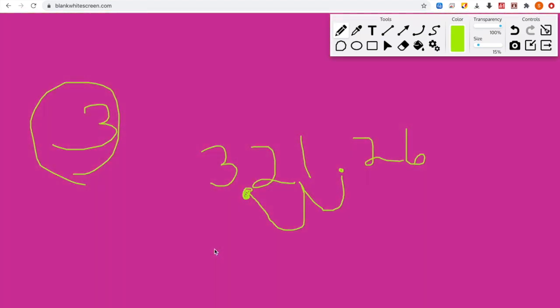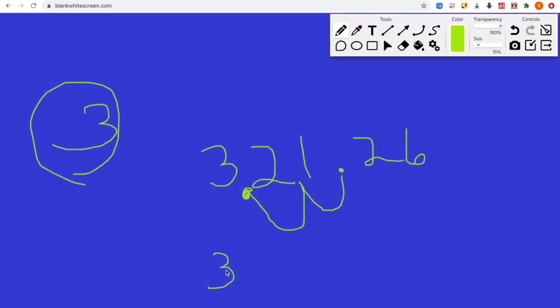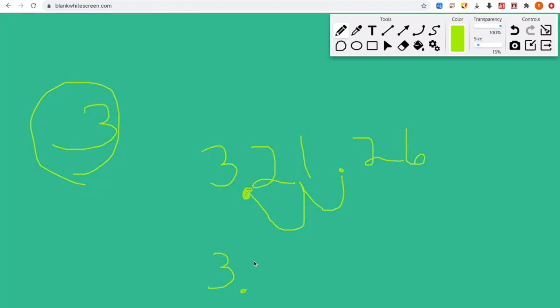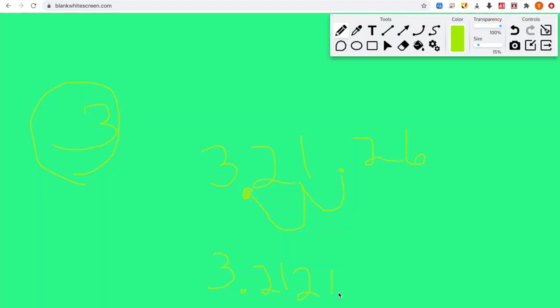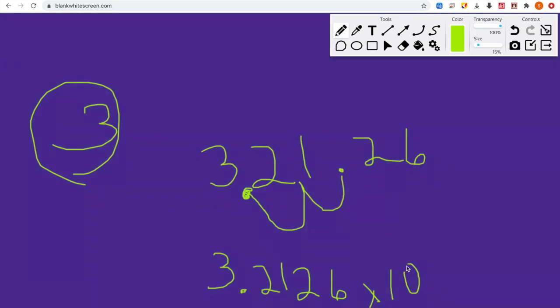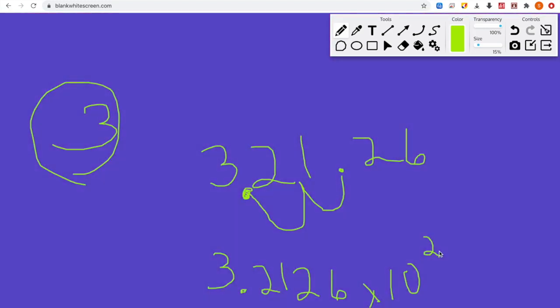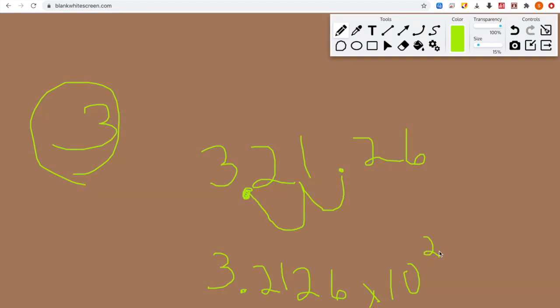over 2 spaces to the left. So I'm going to rewrite this: 3.2126, and I know I'm going to put times 10. I moved it 2 spaces, so I know the exponent has to be 2. I just have to figure out whether it's going to be a positive or a negative exponent.